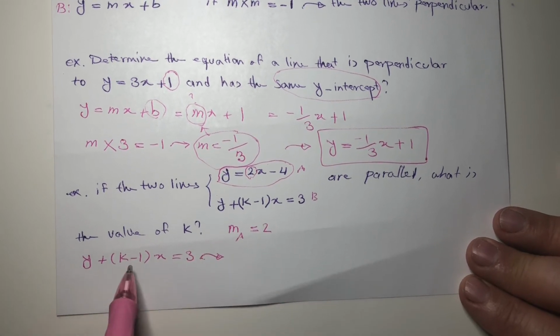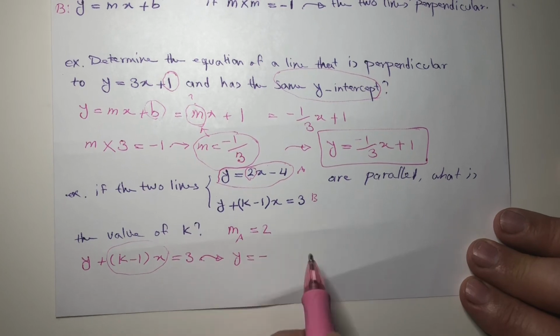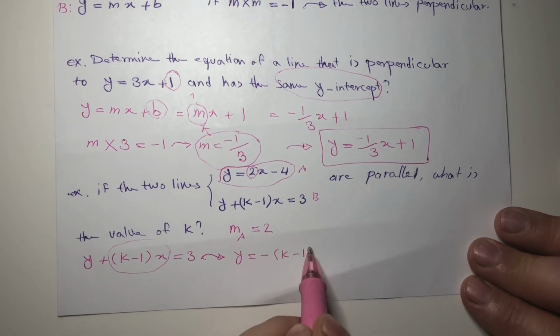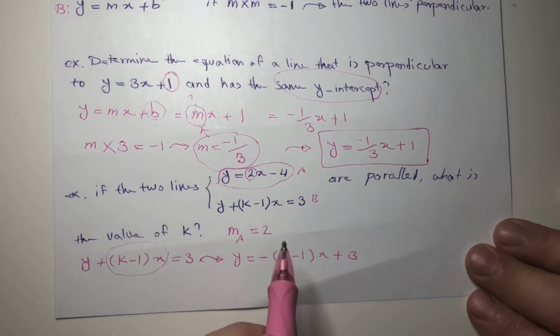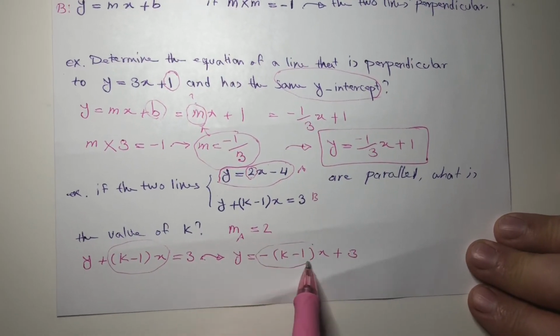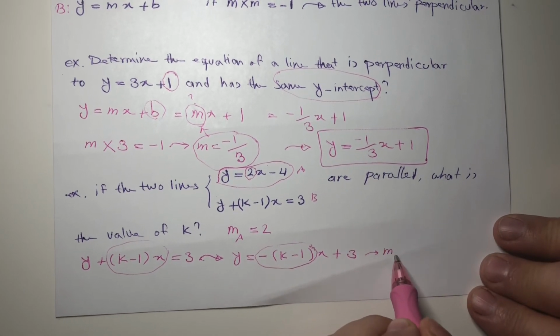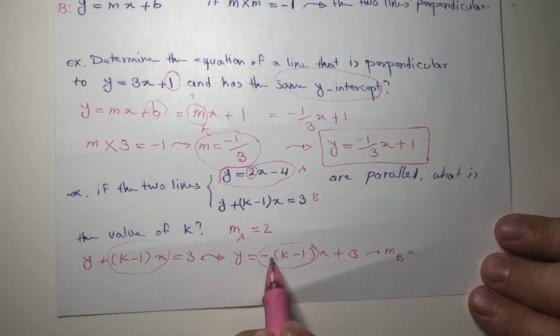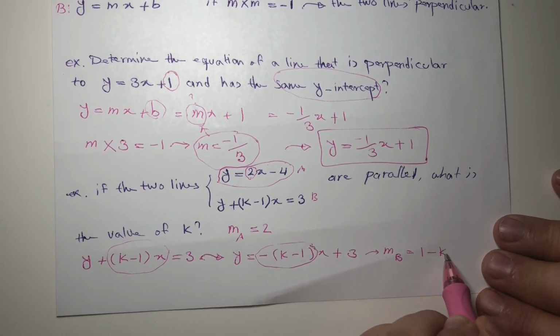So I take this term to the other side. y equals minus k minus 1 x plus 3. Now it's in the standard form. You can see the slope of it is this one, right? So the slope of line B is minus k minus 1, which means 1 minus k.